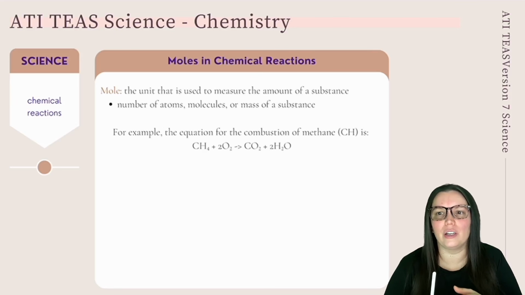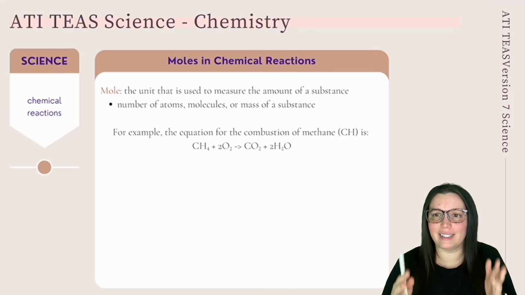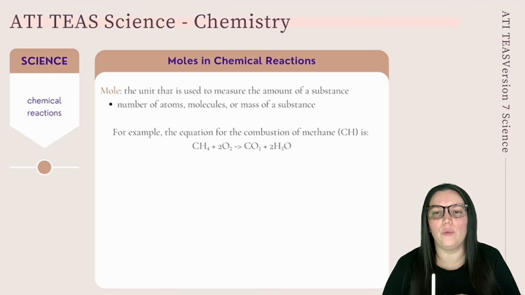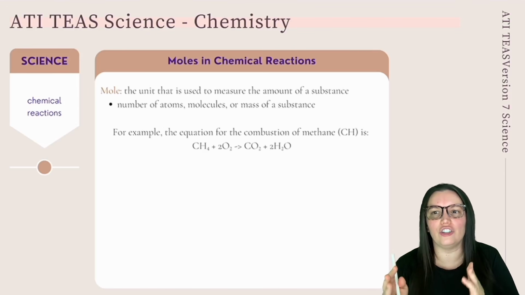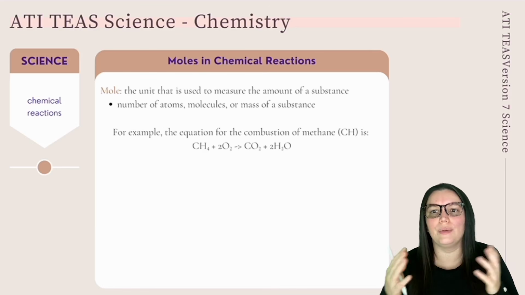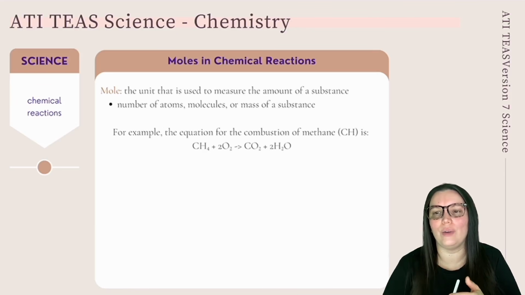The equation for the combustion of methane, as you can see, has 1 mole of methane, CH4, and we need 1 mole of oxygen, O2. This is because there are 4 atoms of hydrogen in methane, that's that CH4, and for every 1 atom of carbon, we need at least 2 atoms of oxygen. So in order to react 1 mole of methane, we need to have 2 moles of oxygen.